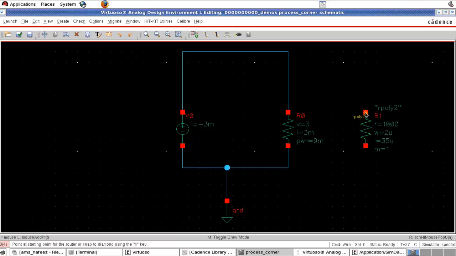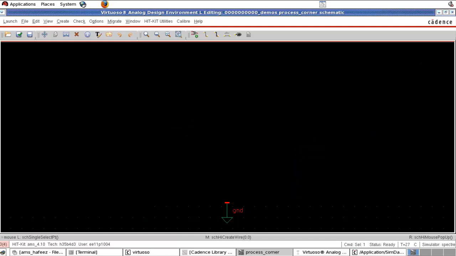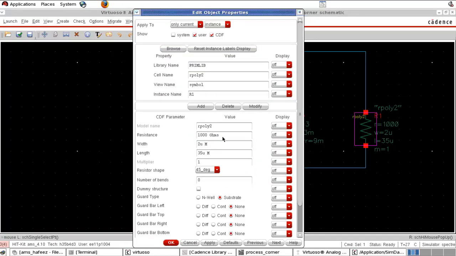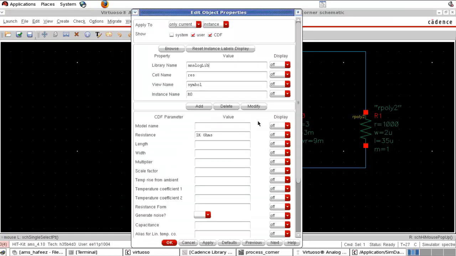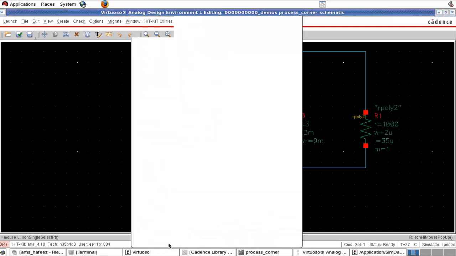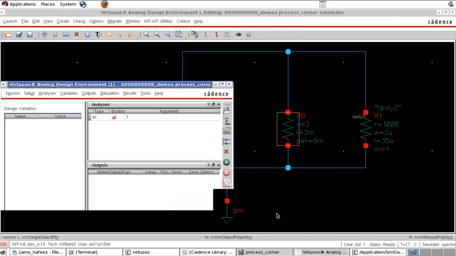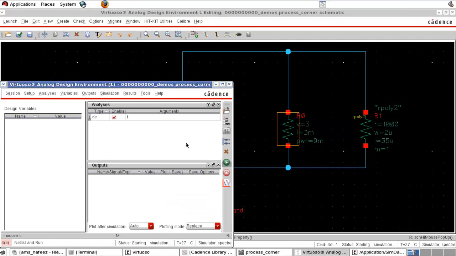So this is a resistor with polysilicon, 1 kilo ohm. By the value, this resistor value is 1000 ohms, that is 1 kilo ohm, and this resistor value is also 1 kilo ohm. So now you run the simulation. Let's see how much current is flowing through each resistor.